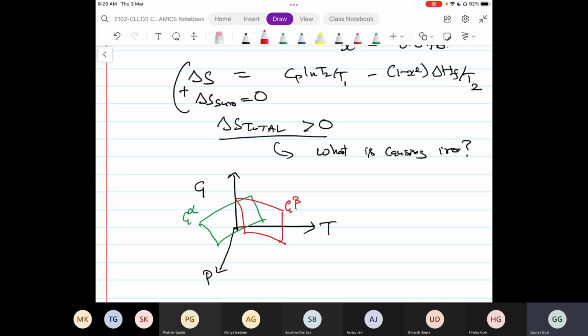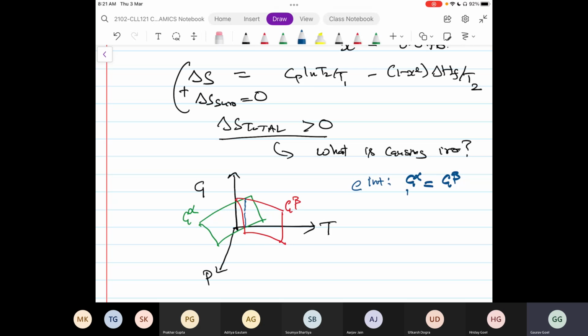And you can get the intersection of the planes. I'm actually showing you mathematically how these things are solved. So add this blue line, which is the intersection of two planes. At this intersection of two planes, Gibbs energy of phase alpha is equal to Gibbs energy of phase beta.